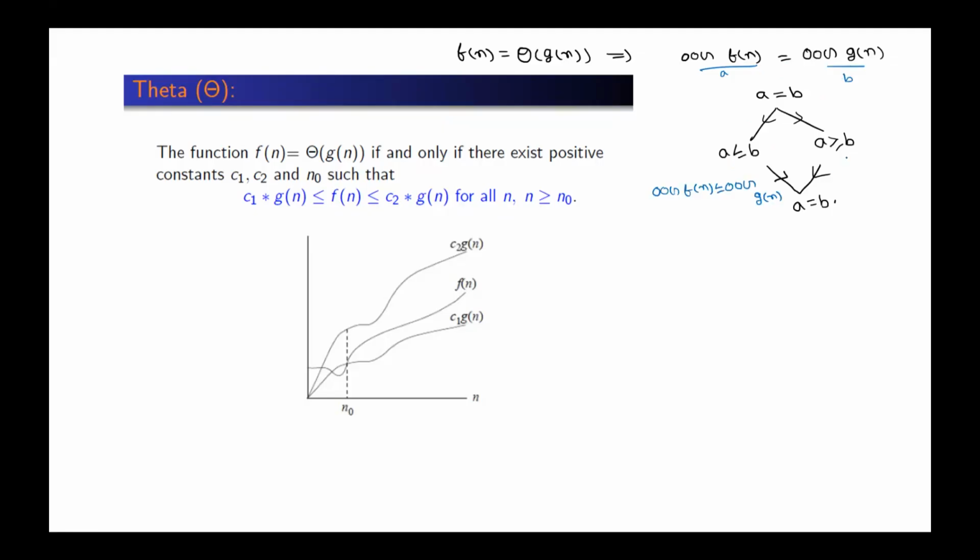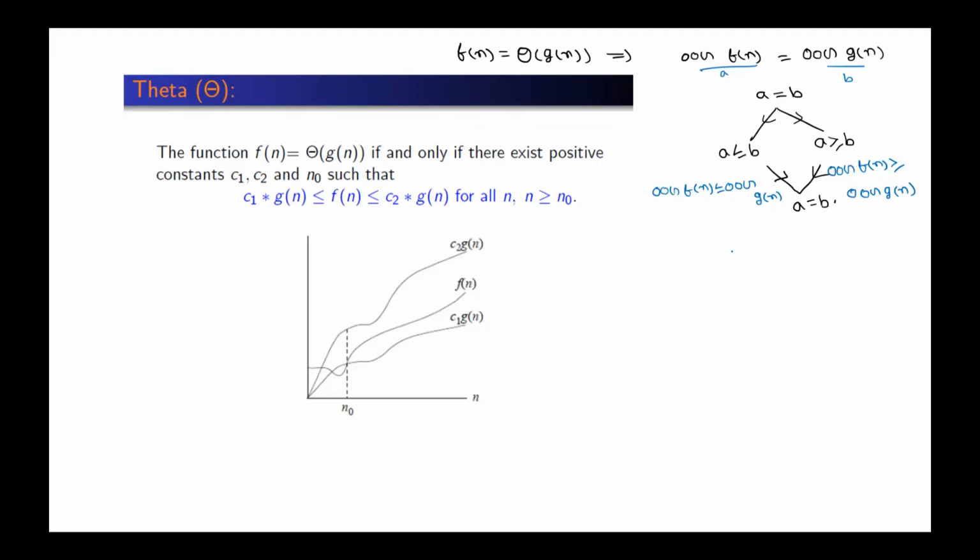Next, I show that order of growth of f of n is greater than or equal to order of growth of g of n. From these two, can you conclude that both have the same order of growth? First one less than or equal to second one, and first one greater than or equal to second one. That means the first one should be same as the second one, no?